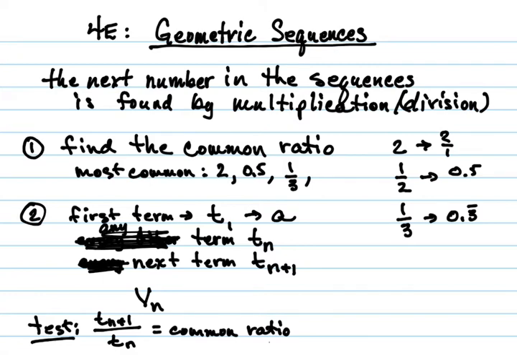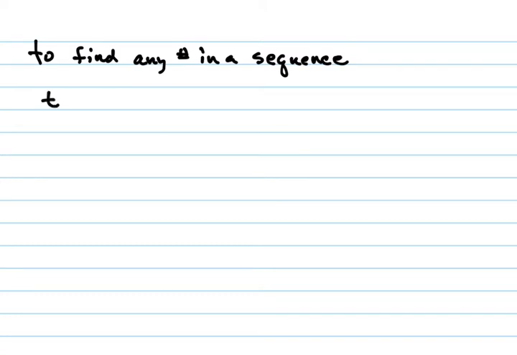All right. So to find any number in a sequence, it's simply any number in the sequence equals the first one.